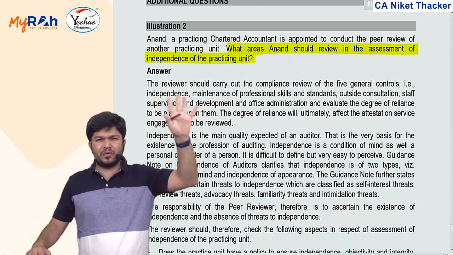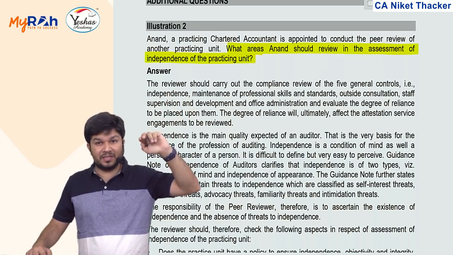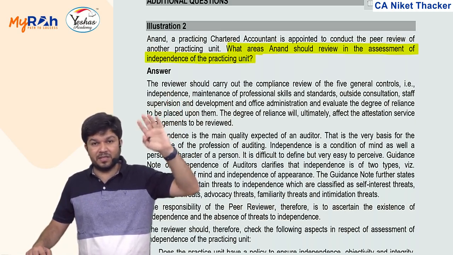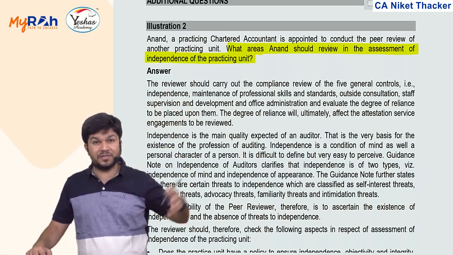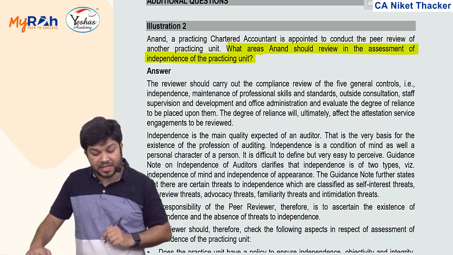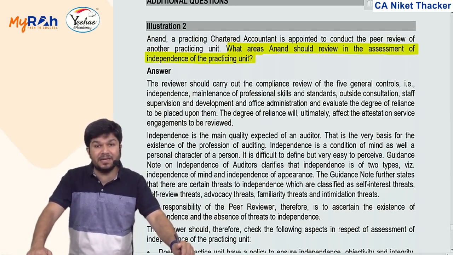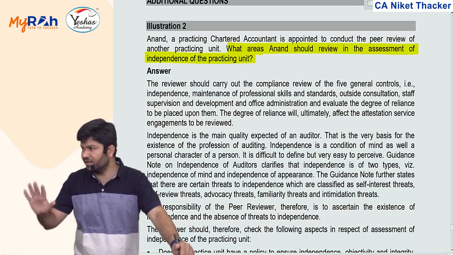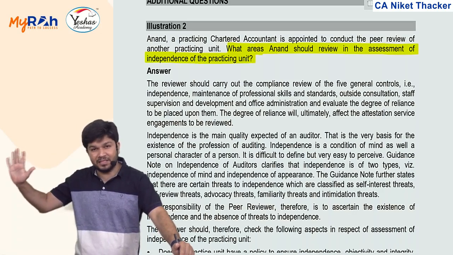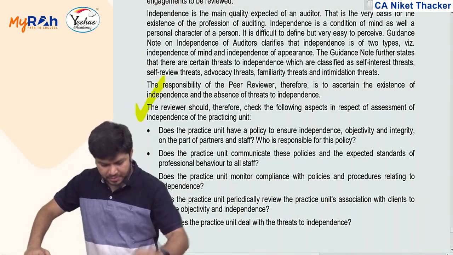Remember the 5 general controls I have to check: independence, staff supervision and development, development of professional standards, outside consultation, office administration. So the question is, what areas should you look at while assessing independence, how do they maintain independence? This is the answer below.